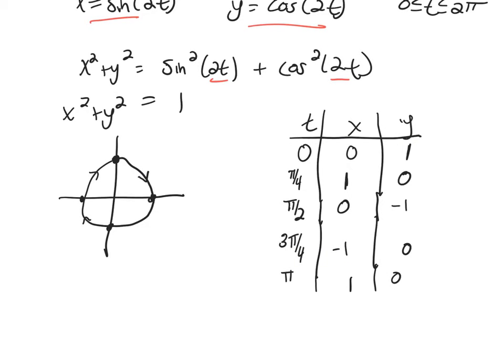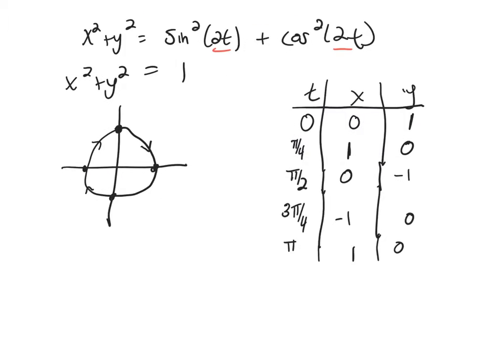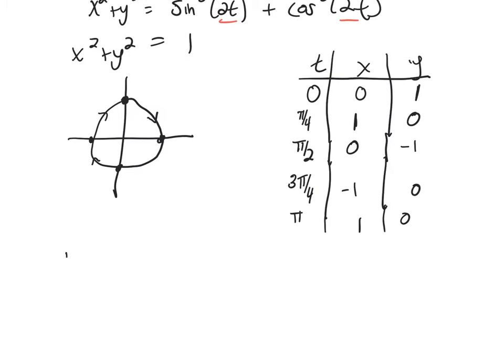And so if you graph this from pi to 2 pi, you would just see that you get the graph repeated. So what happens is you're going to move twice around the circle.